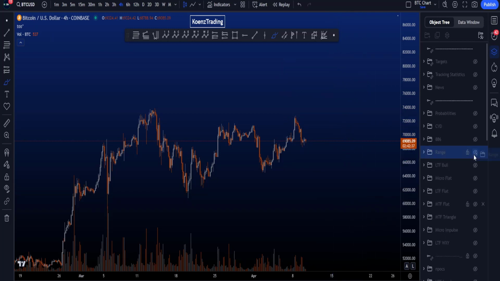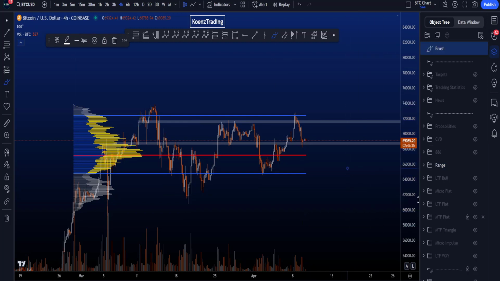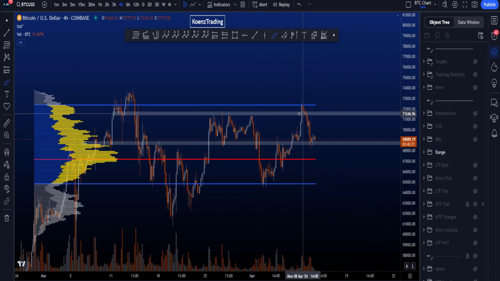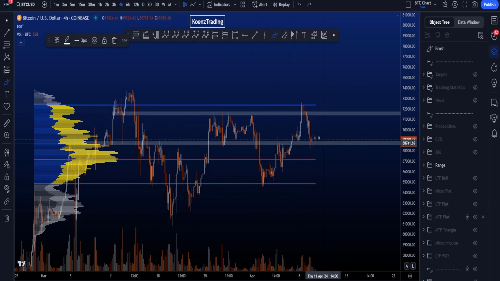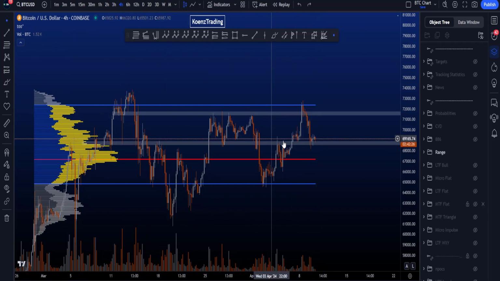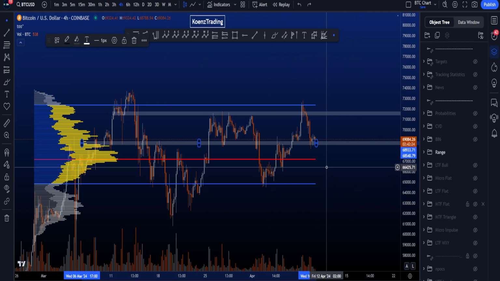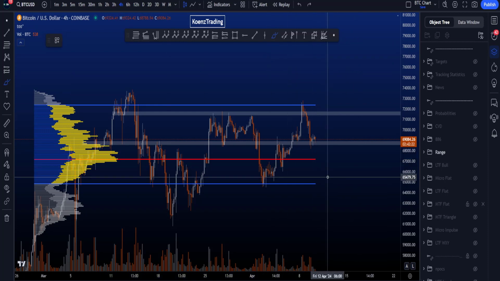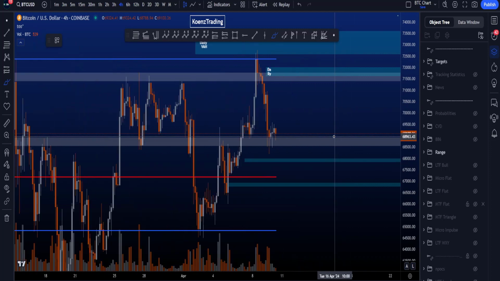Now, if we then finally look at the volume profile, beautiful range, rejection at the value area high, also lost this support resistance area. Now we're at the next support resistance area here, the white box, 68.5k to 69k. Below price we have this point of control at 67.2k, value area low at 64.9k, but we also have some additional support areas below price at the moment.